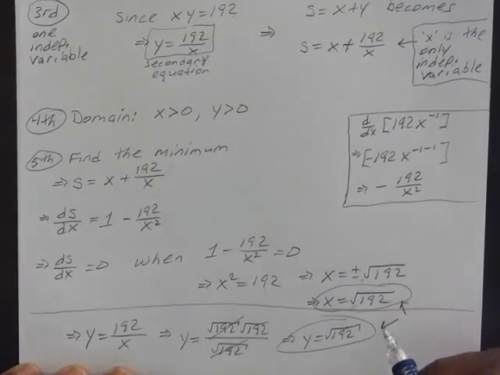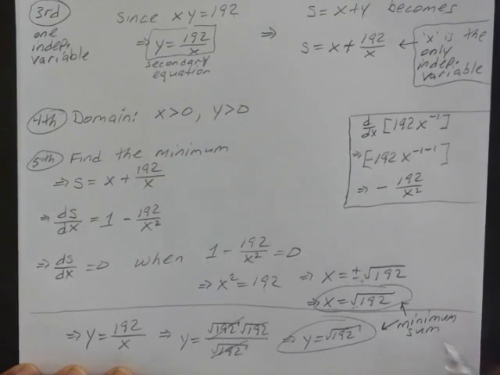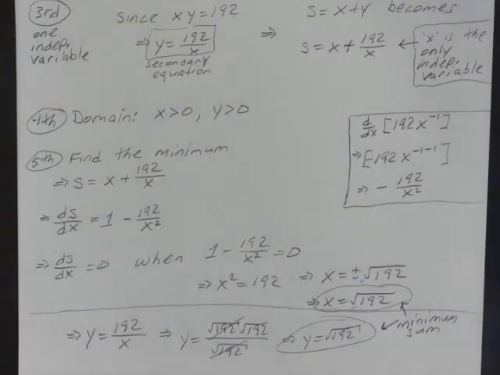So these are our minimum sums. If you add those two together, they will give you the smallest sum out of every possible combination of numbers that could multiply to give you 192. All right.